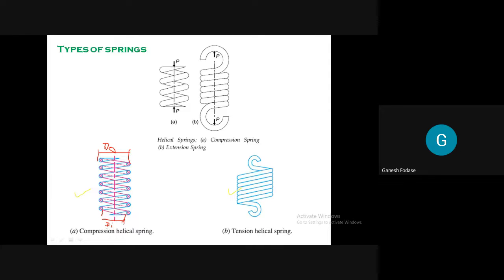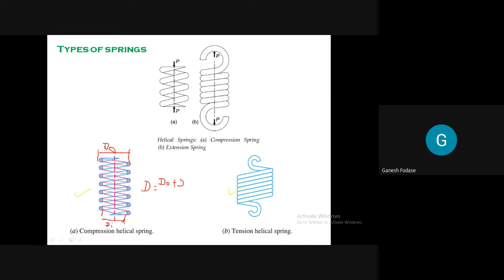And DI is the inside diameter of the coil. Sorry, these are the coil diameters, not wire diameters. Instead of this, we use the mean coil diameter, that is D. And you know, if it is a mean diameter, then D should be the mean of those two, that is DO plus DI upon 2.